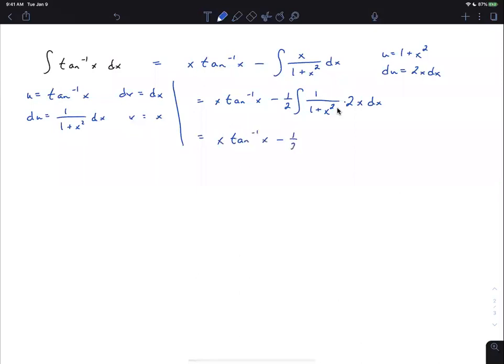Now we get x inverse tangent x minus 1/2 integral 1 over u du. And then that's 1/2 log absolute value of u plus c. And then u was, for that part, u was 1 plus x squared.